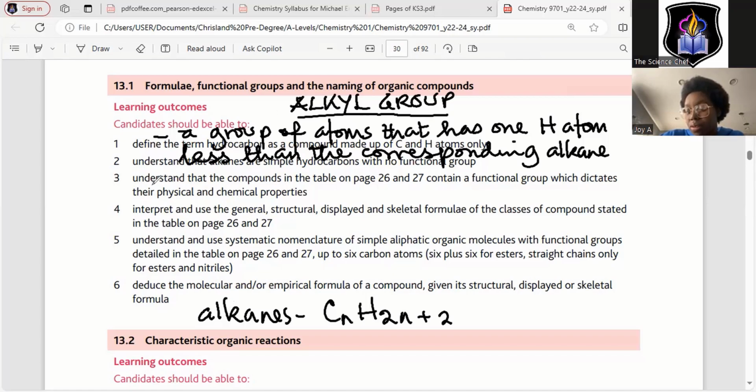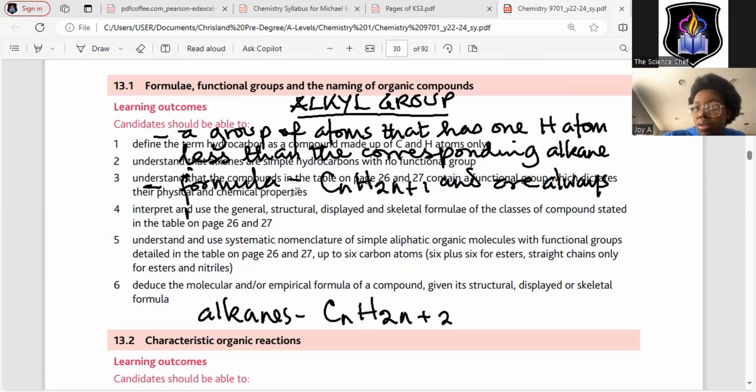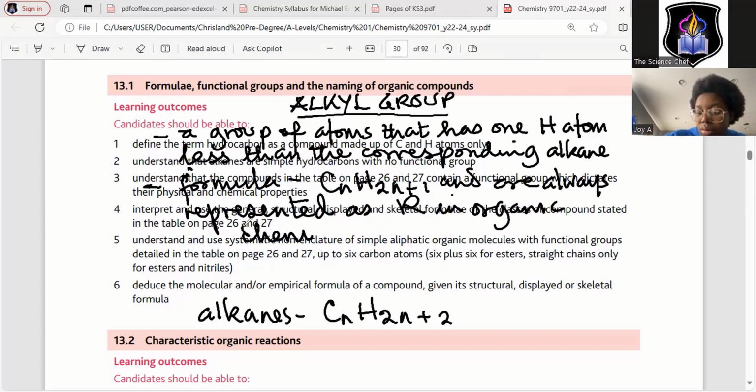So they have the formula CnH2n plus 1 and are represented as capital R in organic chemistry. So wherever I see capital R in organic chemistry, just know that that is meant to be an alkyl group.